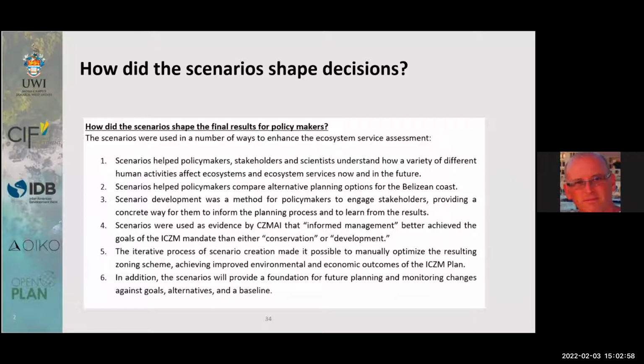Finally, the scenarios have provided a foundation for future planning and monitoring change against defined and nationally supported, cabinet supported goals and policies. So that kind of structure using the INVEST tool is quite a useful example.